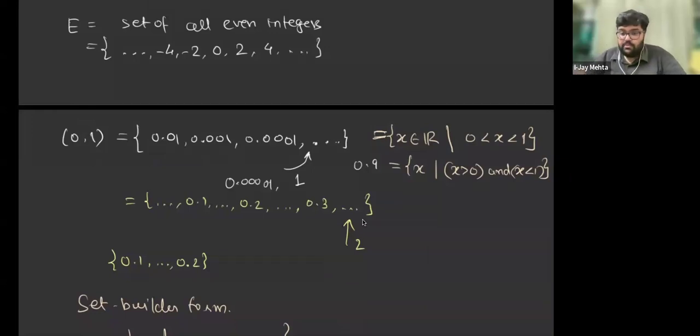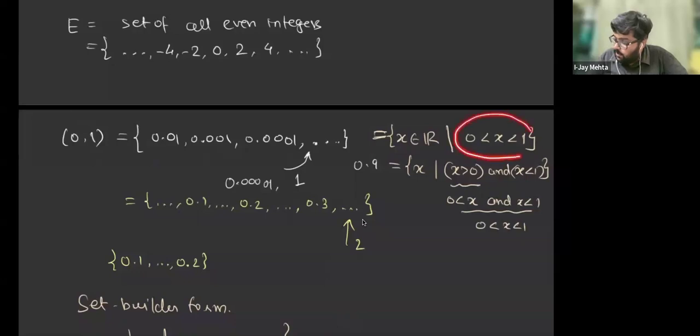We can also write 0 less than x, and we can write x less than 1, and that's why we combine these two to write like this. But there are two statements, right? This is the property. The property is a combination of two statements: x is greater than 0 and x is less than 1. I hope it is clear.